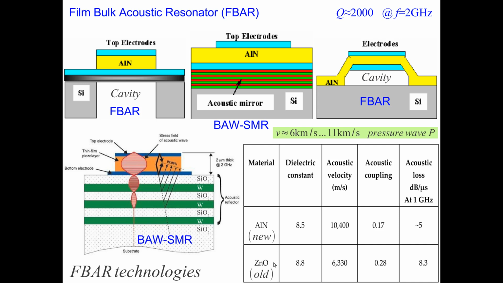Zinc oxide was used in the older resonators. Aluminum nitride is used in the newer resonators. These resonators for gigahertz operation are just a few micrometers thick. They are very thin.